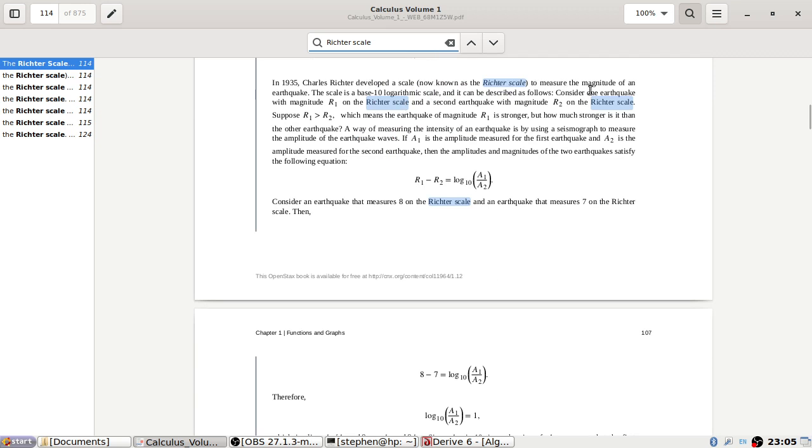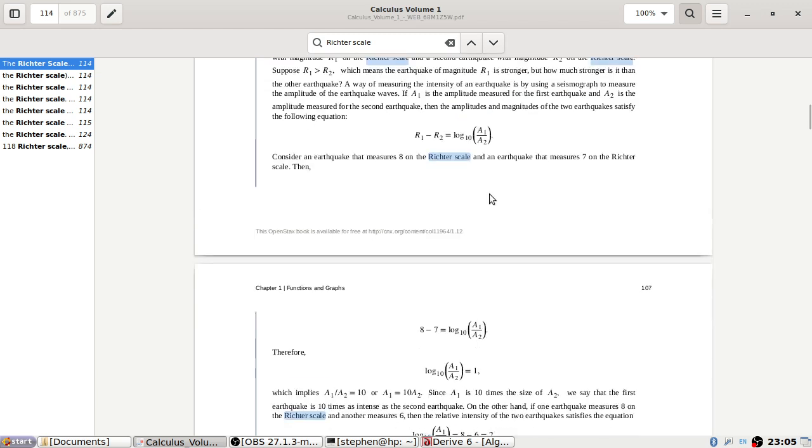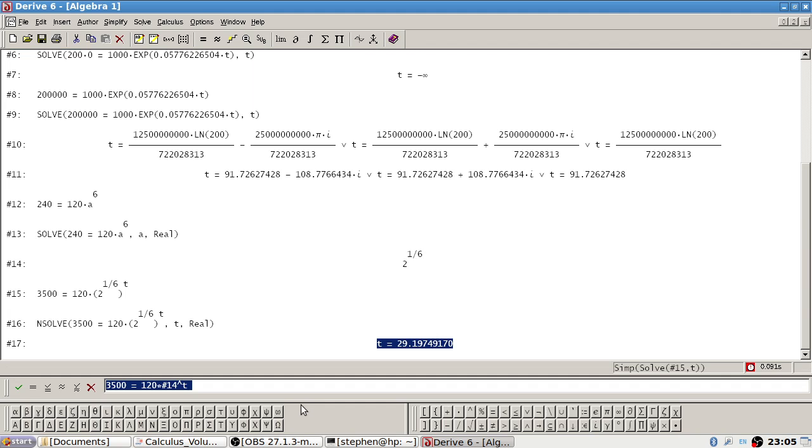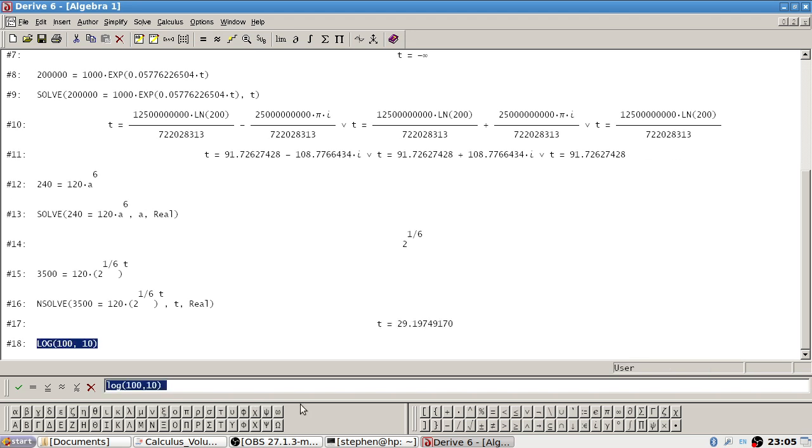Okay, consider one earthquake where R1 is bigger than R2. So, okay, so log base 10. How do I do base 10? Let me just test this out if this is base 10.